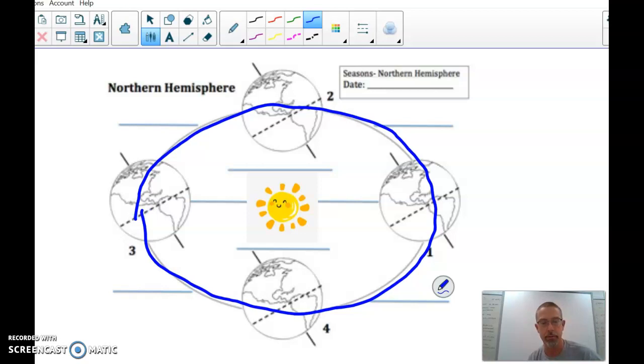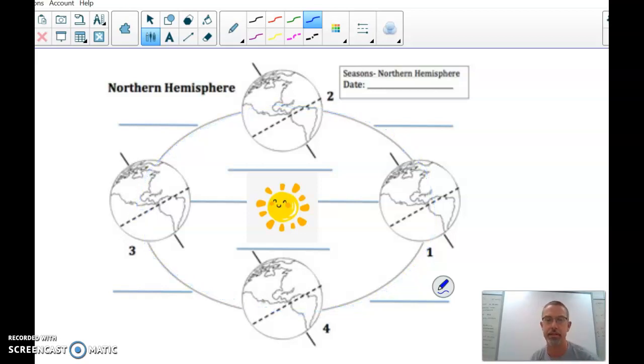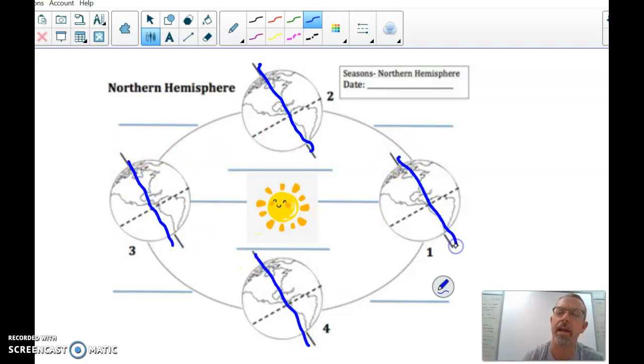And if you recall, we've got a couple ideas here that we want to bring forth again. This imaginary line right here, we're going to call the axis. The Earth's axis is tilted at about 23.5 degrees from straight up and down. So this angle right here is 23.5 degrees from straight up and down.